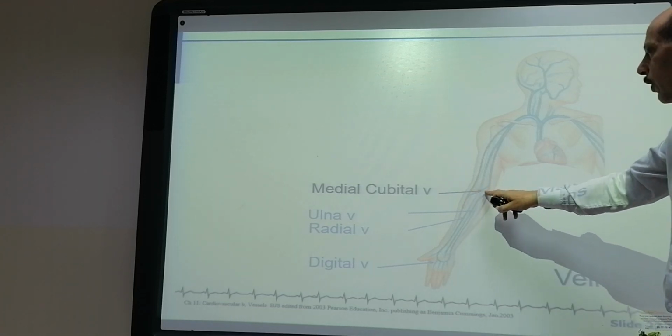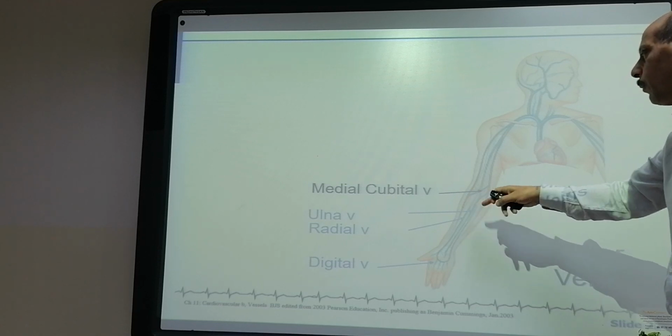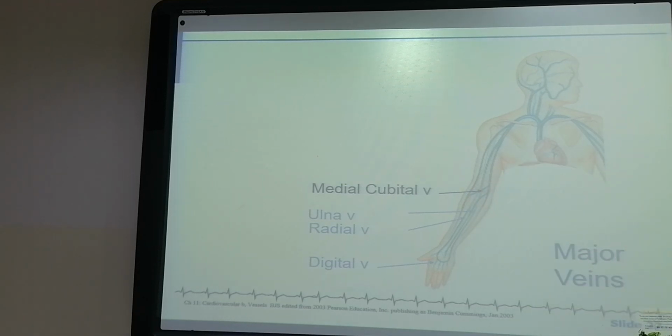There is also a junction between them, the median cubital vein, and this is the basilic vein, and then the brachial vein and axillary vein.